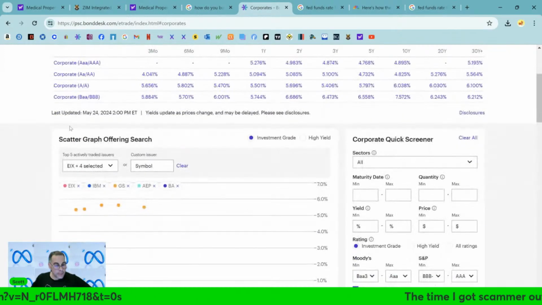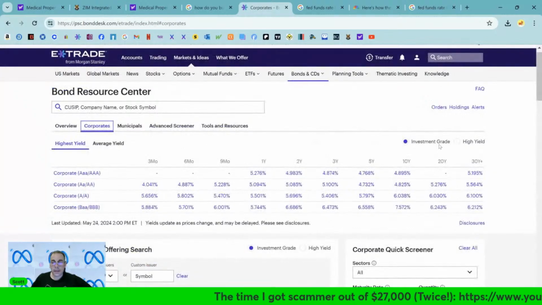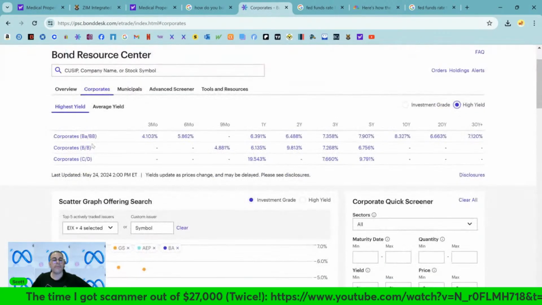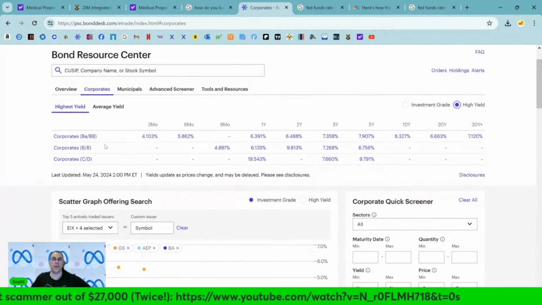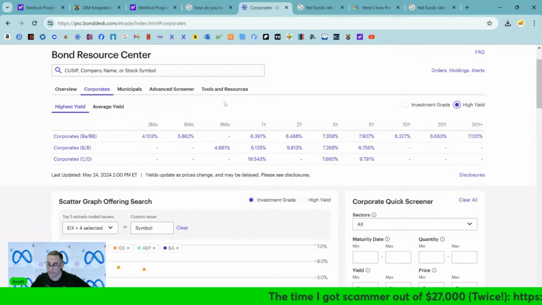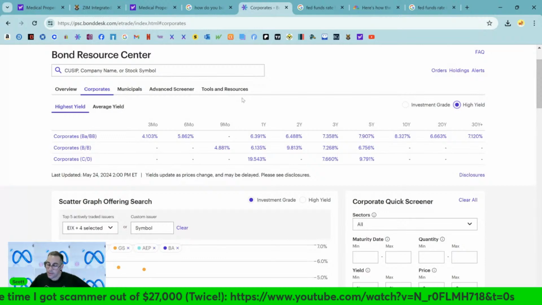Let's see. They have high yield. High yield means junk bonds below BBB. So you have 19% CD bonds, which is really bad. It's usually close to bankruptcy. Buy some muni bonds from Detroit.